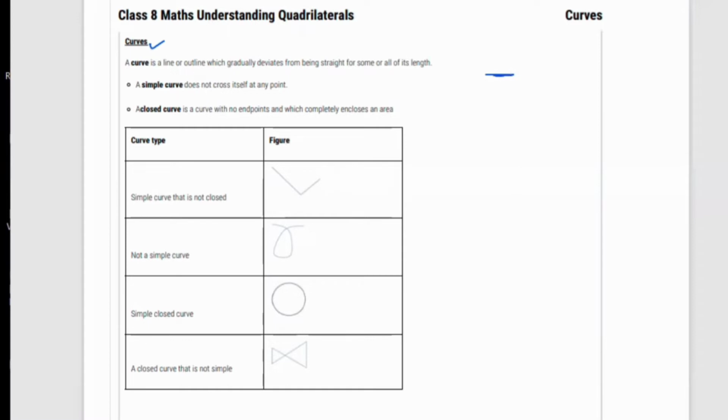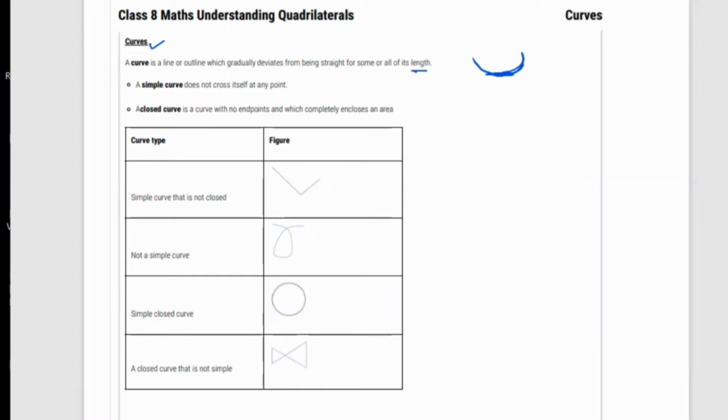It is first straight only, then gradually it deviates from being straight for some or all of its length. So this is nothing but a curve.